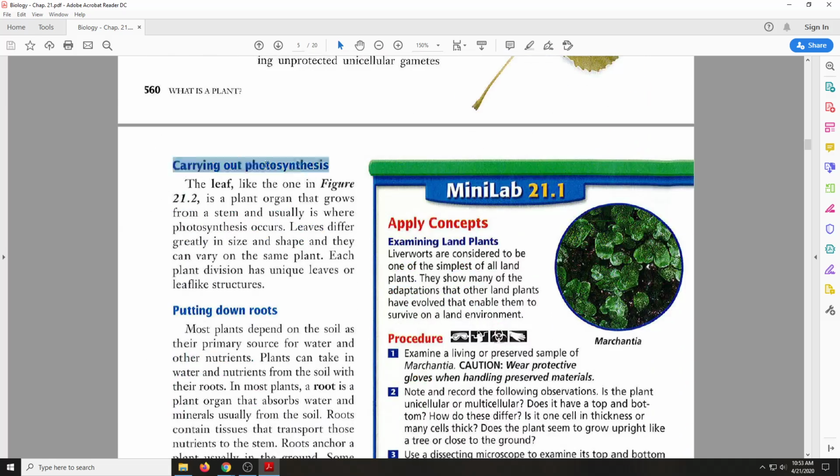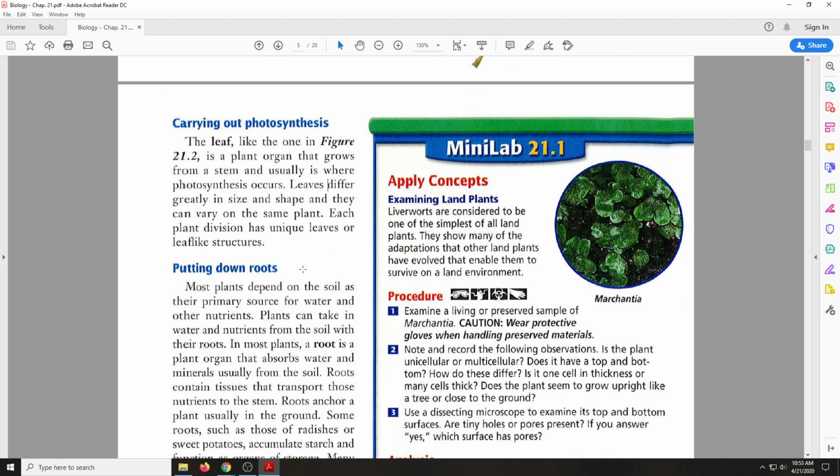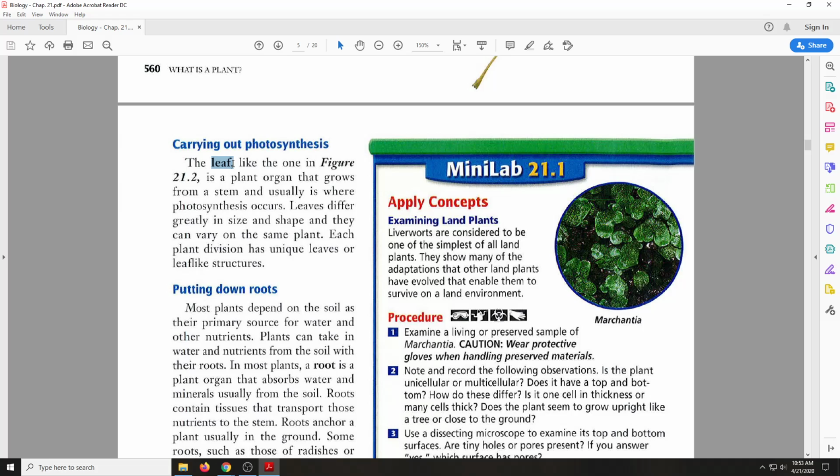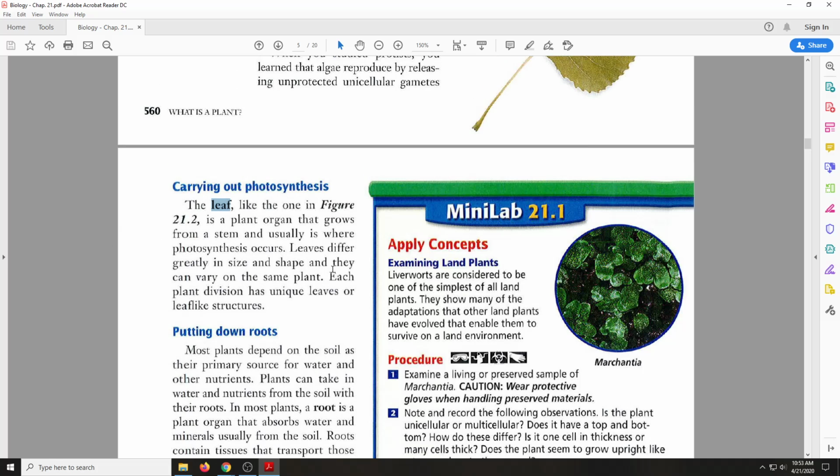Another adaptation is photosynthesis. I bet you never thought the word leaf would be a bold word in your vocabulary list, but it is. The leaf is a plant organ that grows from a stem and is usually where photosynthesis occurs. They vary greatly in size and shape, and they can vary greatly even on the same plant.